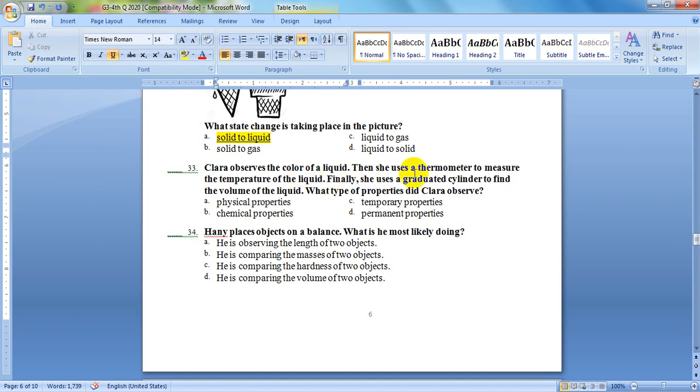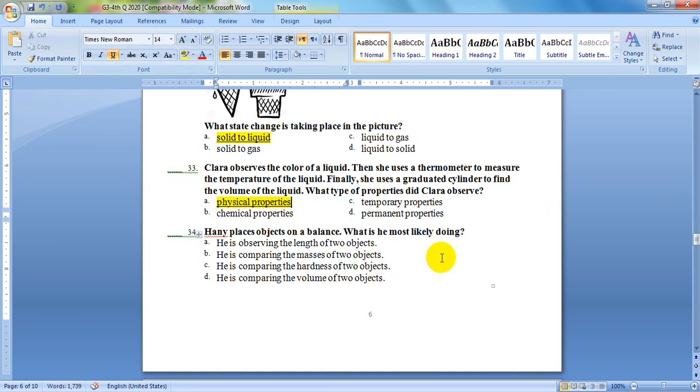Color, temperature, volume. These are physical properties, chemical properties, temporary properties, permanent properties. She observed and measured, so these are physical properties.